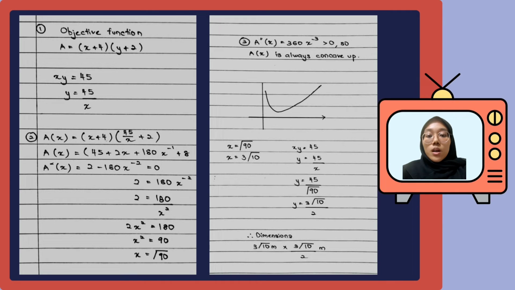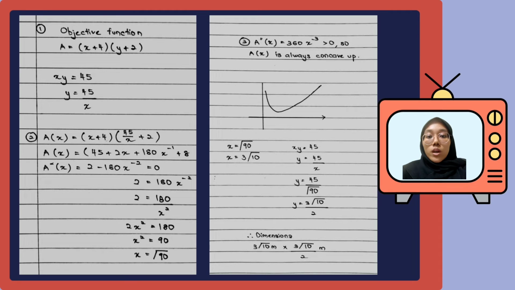For the last step, I need to know if I have achieved a minimum. So I'm going to use the second derivative, and it will be 360x to the power of negative 3, which is greater than 0 for all possible x. So the function A of x is always concave up.